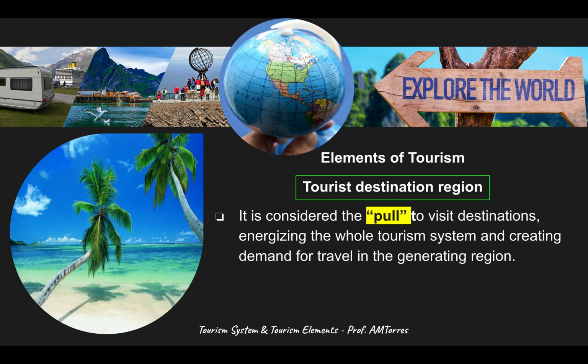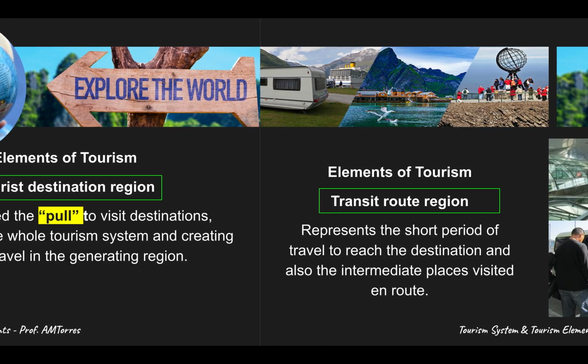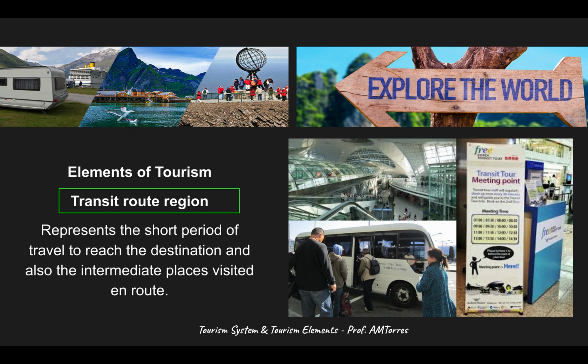Is it nature? Is it the culture? Is it the people? Is it the food? Is it their way of life? These are the pull of the destination, the attractions, the things it can offer so that people would visit the destination.